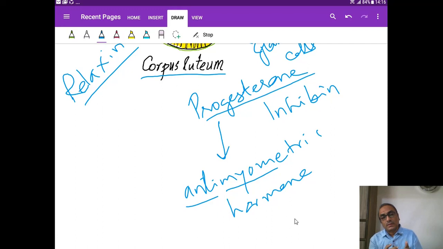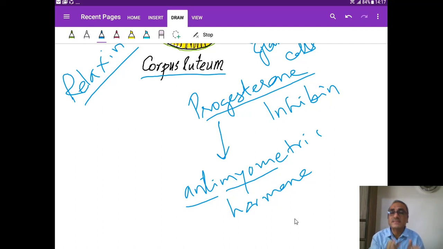In the normal menstrual cycle, when the woman is not pregnant, after the 21st day of the menstrual cycle, the progesterone will be withdrawn. And remember, one more important function of the progesterone is to maintain the healthy, thick endometrium, which is needed for implantation or attachment of the embryo.